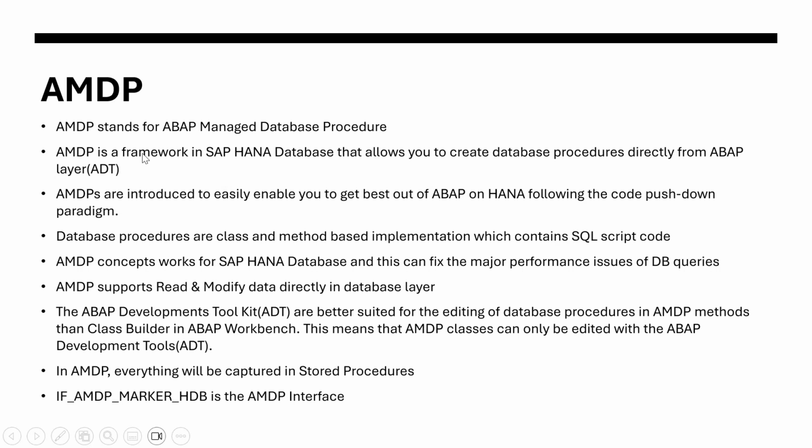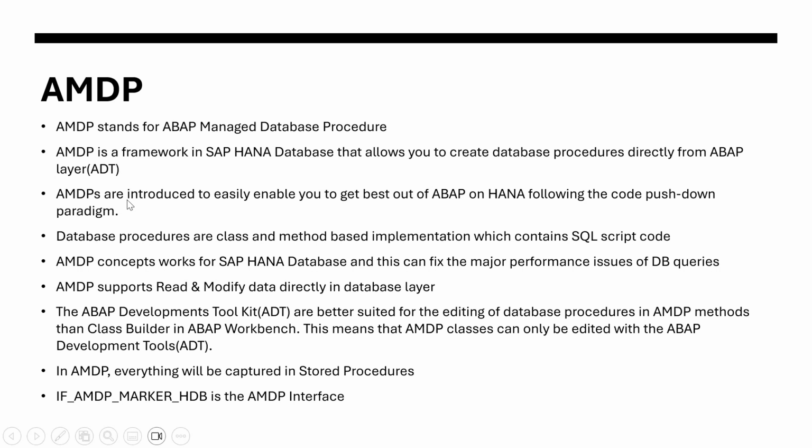If you observe here, it is a framework in the SAP HANA database that allows you to create database procedures directly from the ABAP layer. So this is a framework where we can use the database functions by writing the code directly on our database, using the ABAP Development Toolkit, either using Eclipse or HANA Studio.